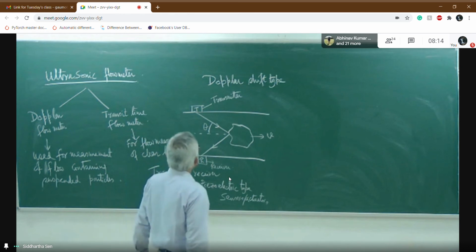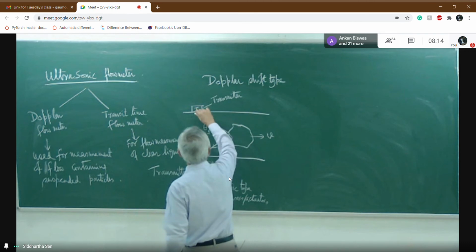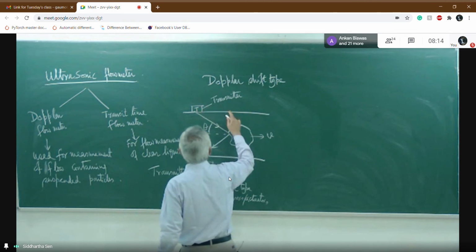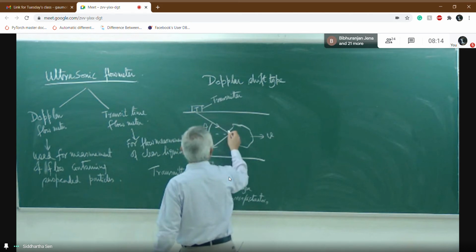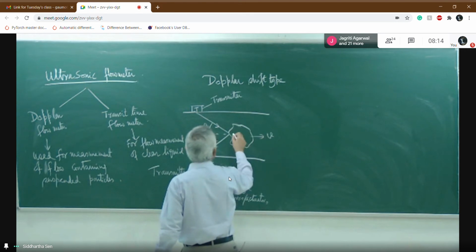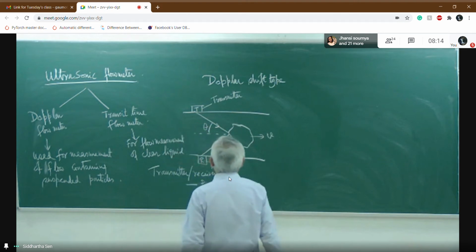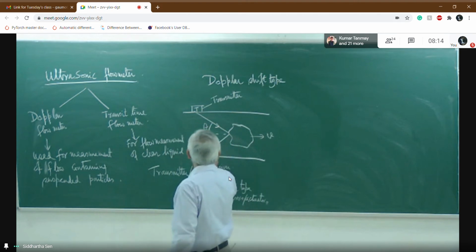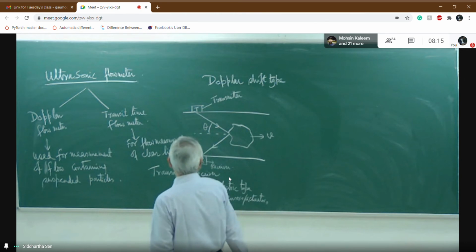But anyway, suppose the transmitter is there which is sending some ultrasound at a certain frequency, and here if it is moving like this, naturally there would be some reflection from that one. We measure the reflected wave, receive it and convert it again to an electrical signal.